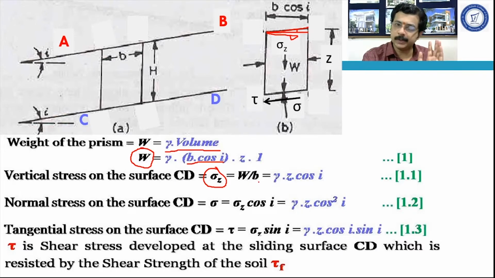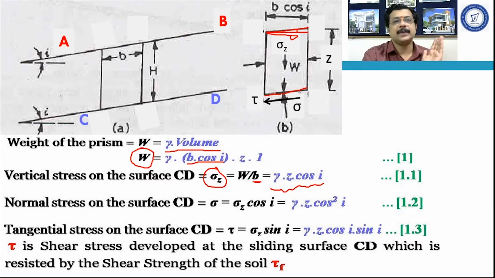Hence that 1 is ignored there. Hence it has become W by b. What is W? W is gamma b cos I into Z, which will be written in the numerator, and that will be divided by this b. Hence finally this b will get cancelled and we will obtain this equation, gamma Z cos I. So gamma Z cos I is nothing but the vertical stress acting on this inclined surface at the bottom of the soil element, due to the weight of the soil prism.